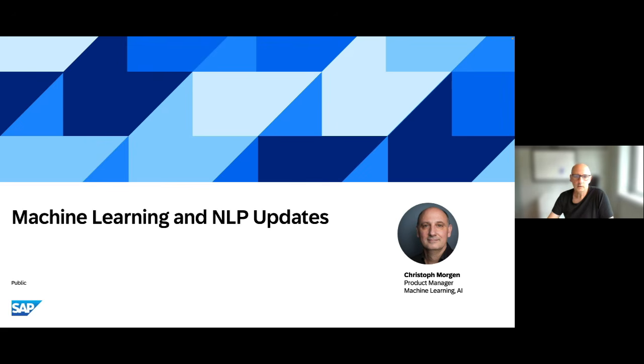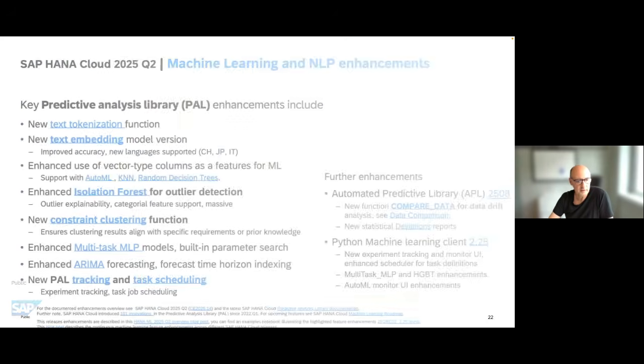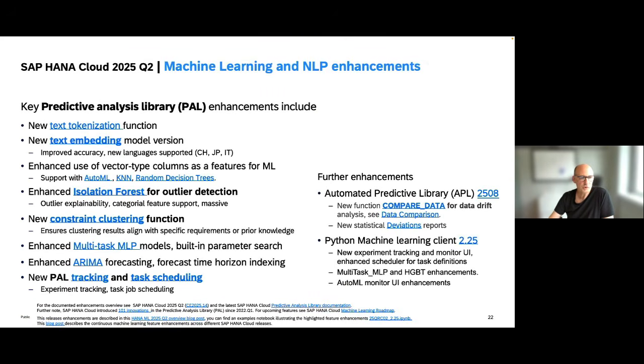So the predictive analysis library in this release again has a rich set of new capabilities, and as indicated here on the lower slide, since its introduction in 2022, we have provided over 100 innovations by the predictive analysis library alone. So a continuous stream of enhancements to the library and functions, enhanced functions and new functions.